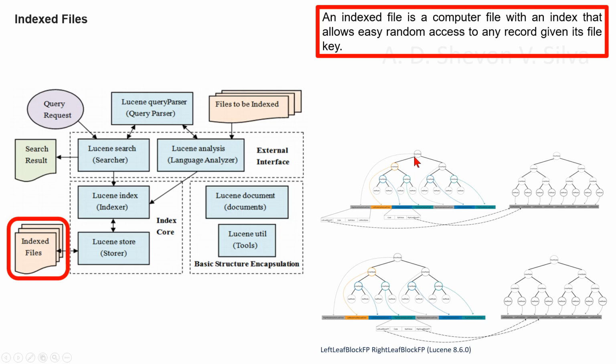Here you can see the root node is connected to the right node, which has no leaf child, and it consists of left leaf block FP, code, split value, and left num bytes. Here the left leaf block FP is connected to the left leaf node data here.